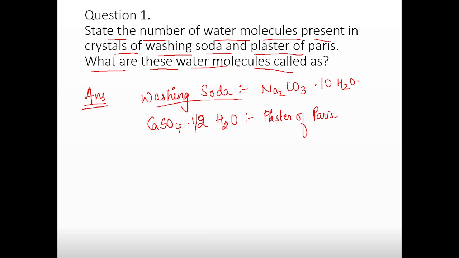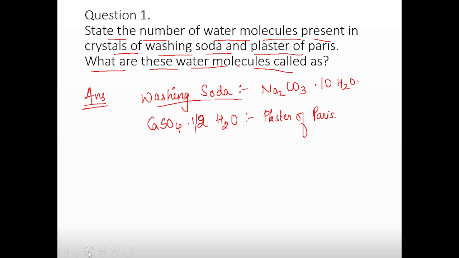When it is dot 10 H2O written in the chemical formula of washing soda, that means it contains how many water molecules? It contains 10 water molecules. In the same way, plaster of Paris is CaSO4 dot half H2O.